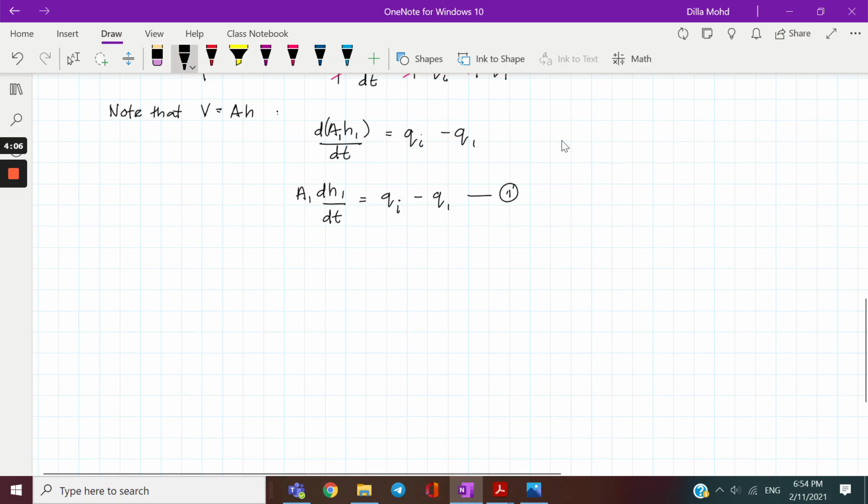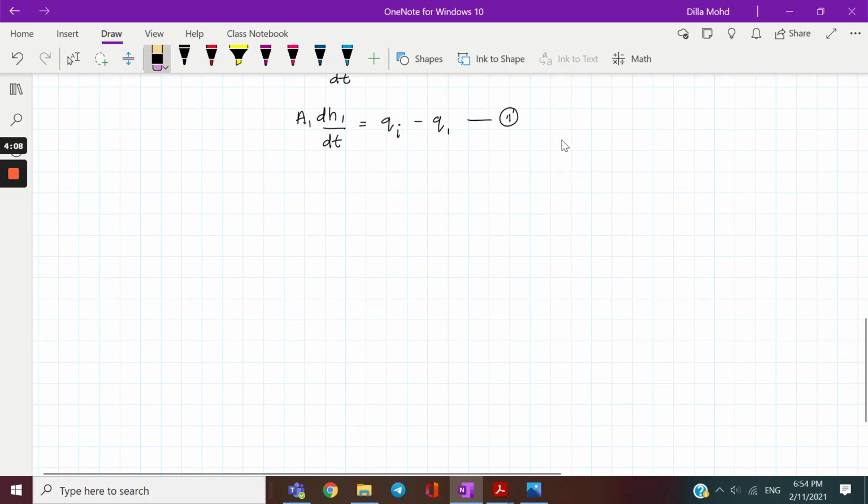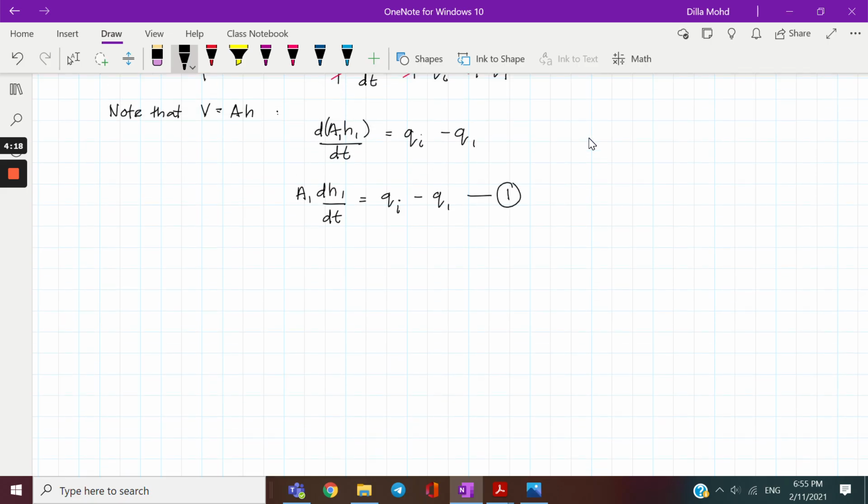Let's use the equation from the resistance of the valve, because the resistance is given there.